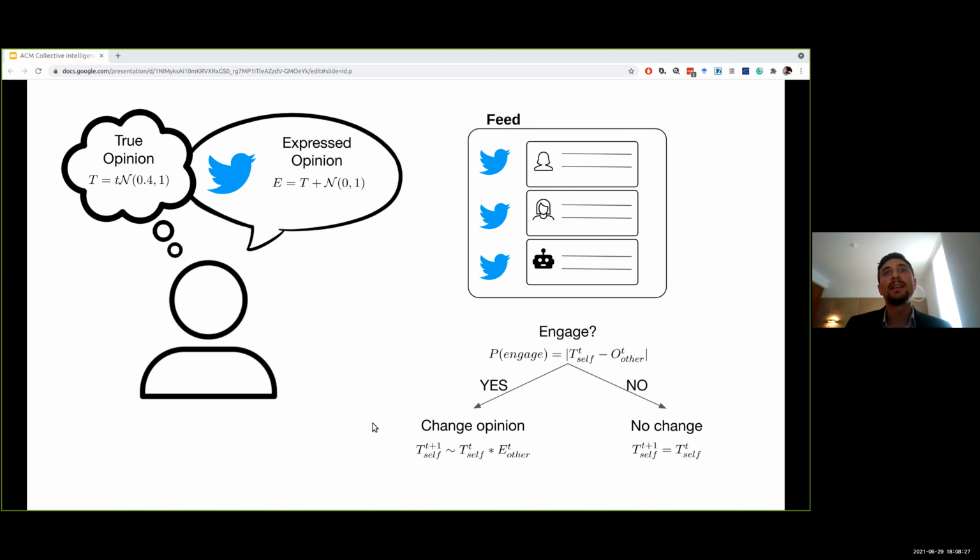And if the agent chooses instead not to engage with the content, then its opinion remains unchanged. So we also introduced one single bot in this network that was showing more extreme opinions than everyone else and didn't want to change their mind. We let the simulation run for 1,000 steps, and these are the very preliminary results.